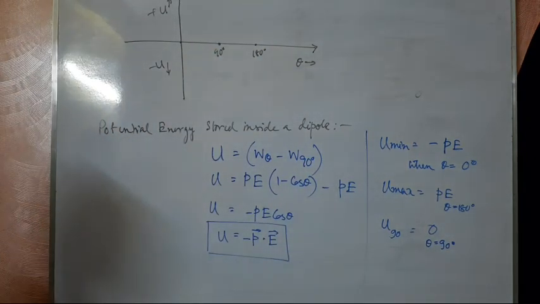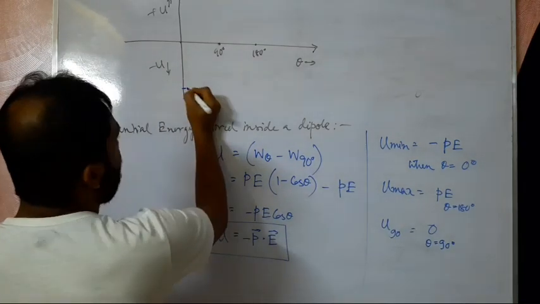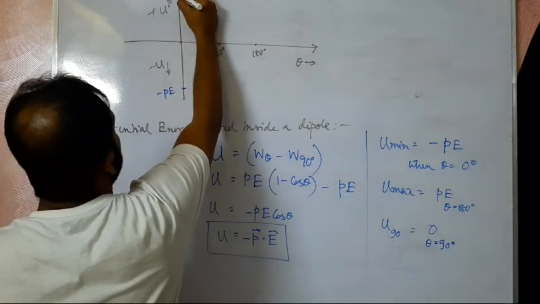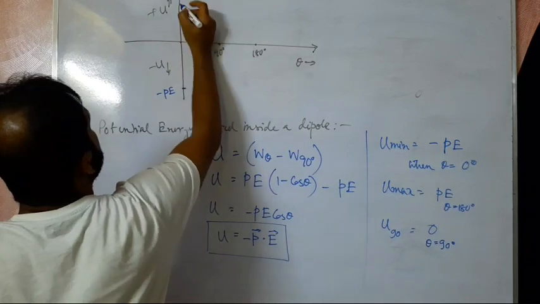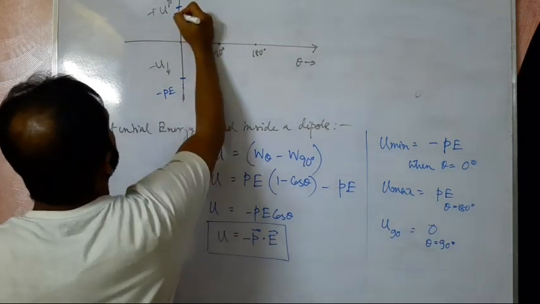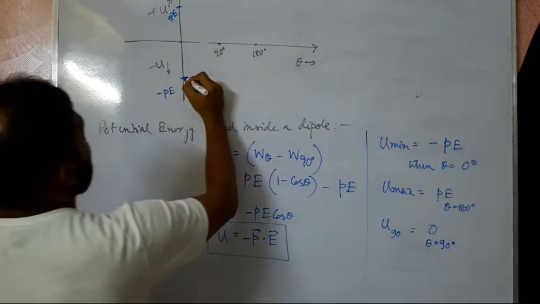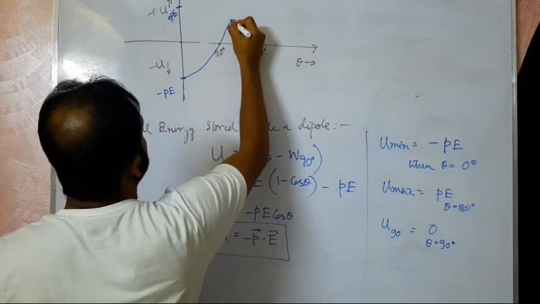For 0 degree, the potential energy is minimum. Say this is the minimum value of potential energy, minus PE. Say this is the positive value of potential energy, plus PE. So the potential energy will be just like this.